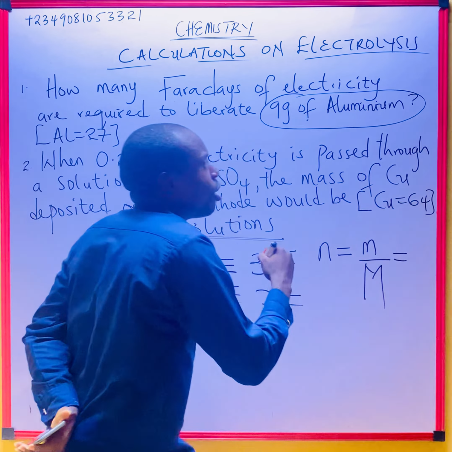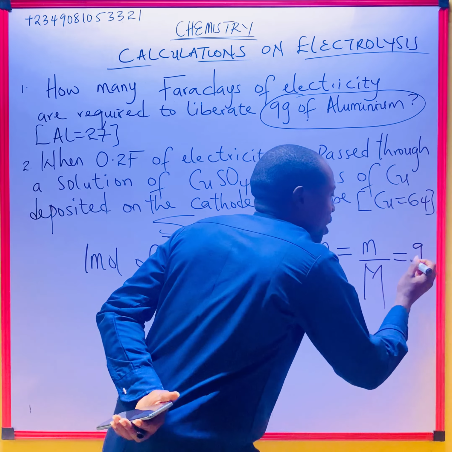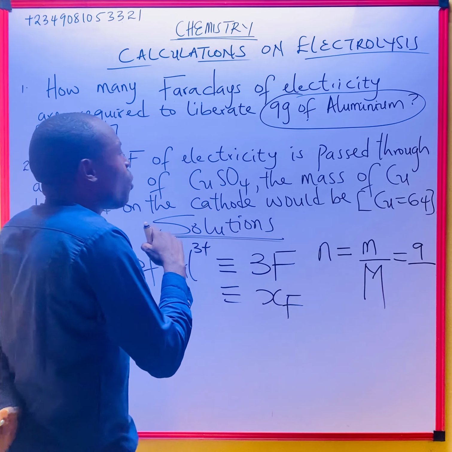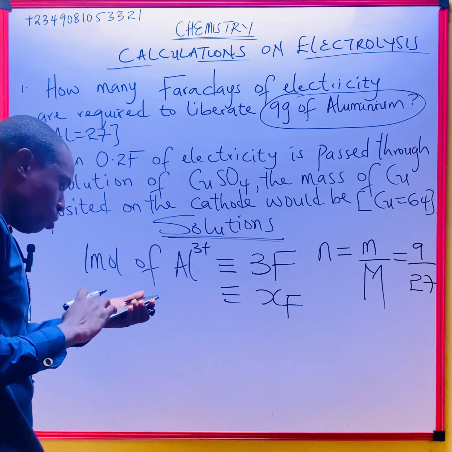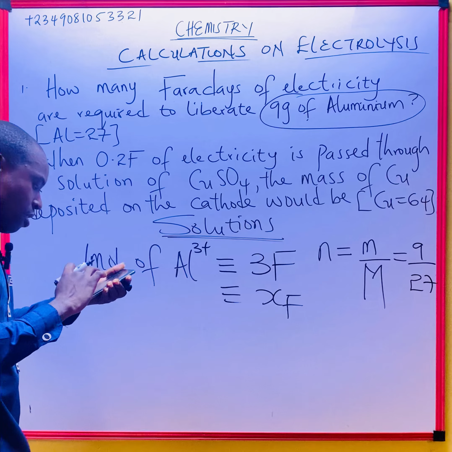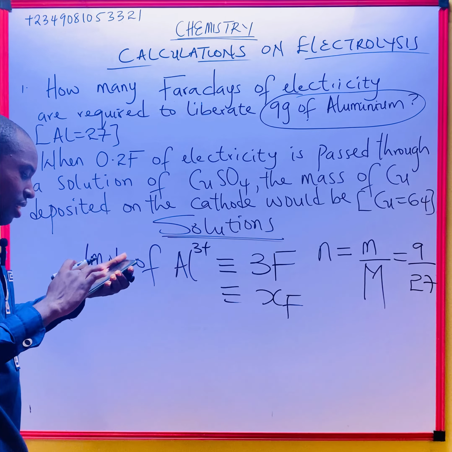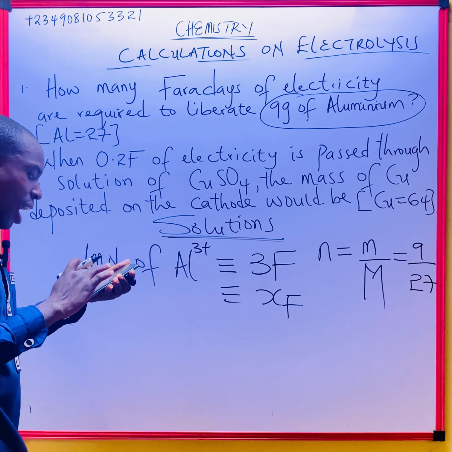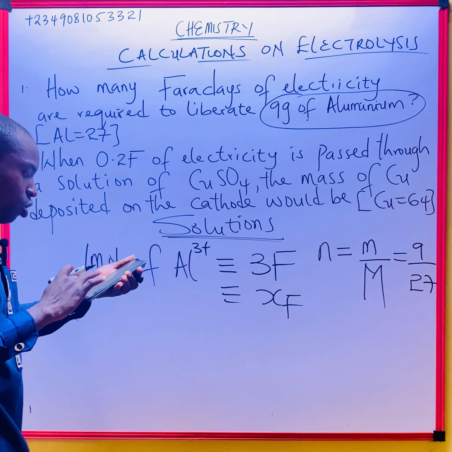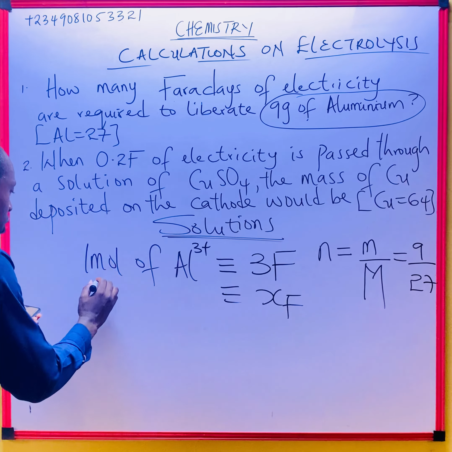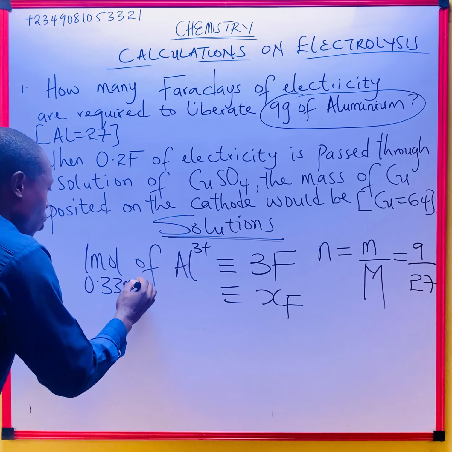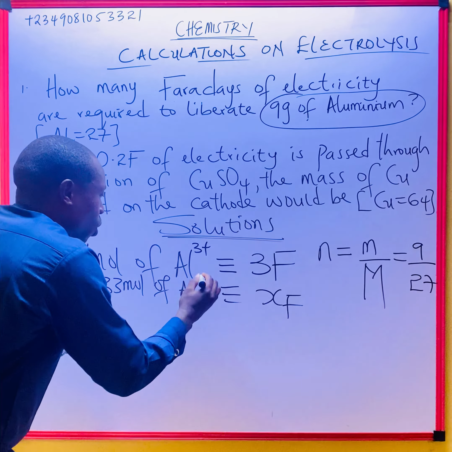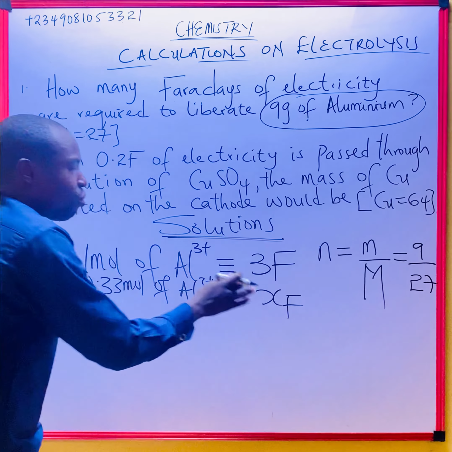The mass of aluminium here is 9. The molar mass of aluminium here is 27. When you divide 9 by 27, it gives me 0.33 mole of aluminium.